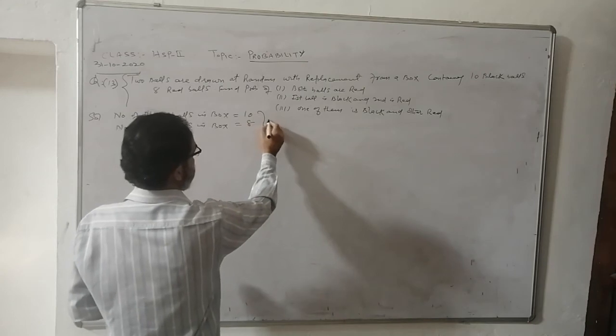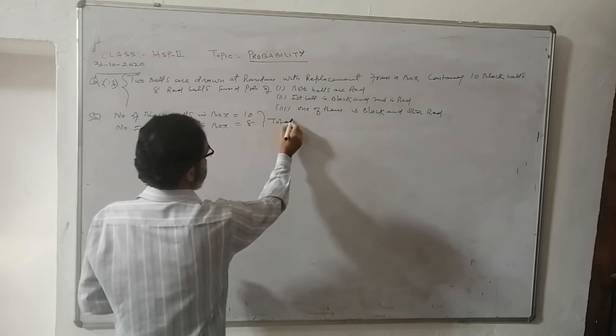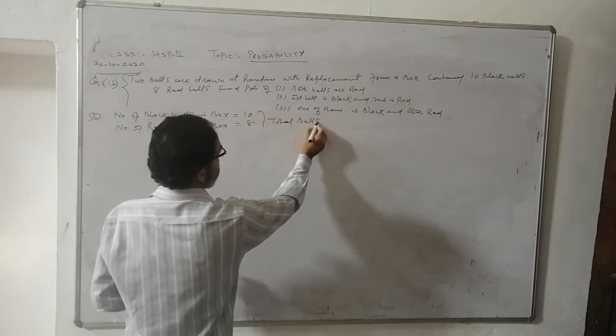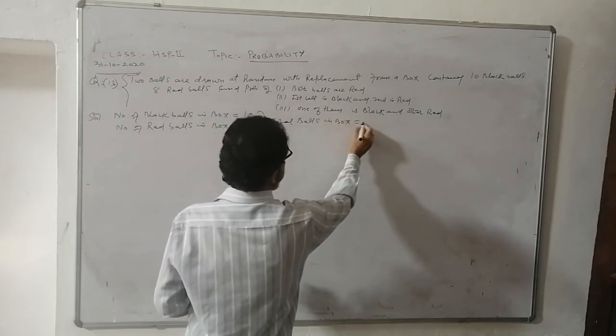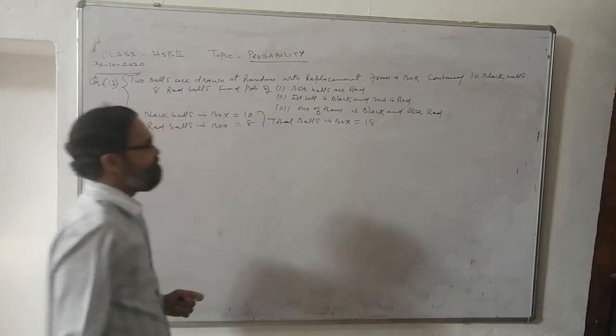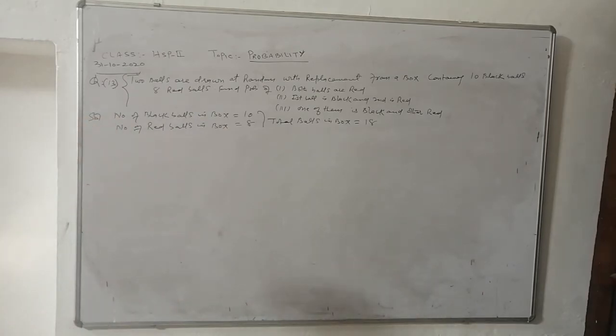So if I sum up the total balls in the box, they are 18. So we have a box containing 18 balls, 10 are black and 8 are red.